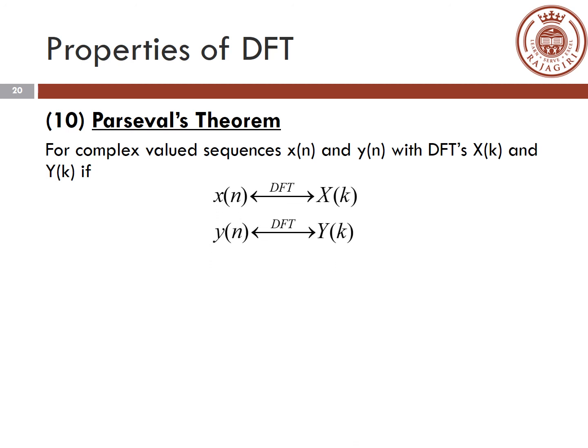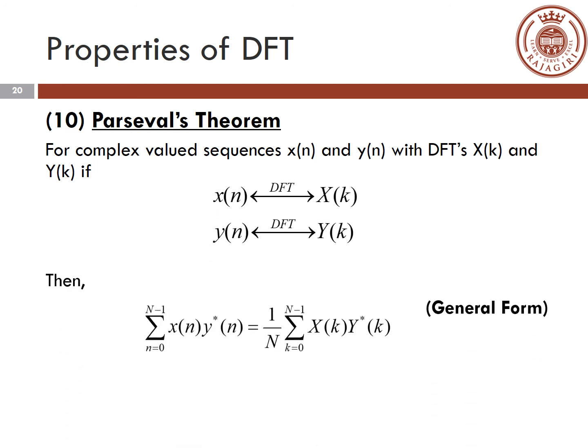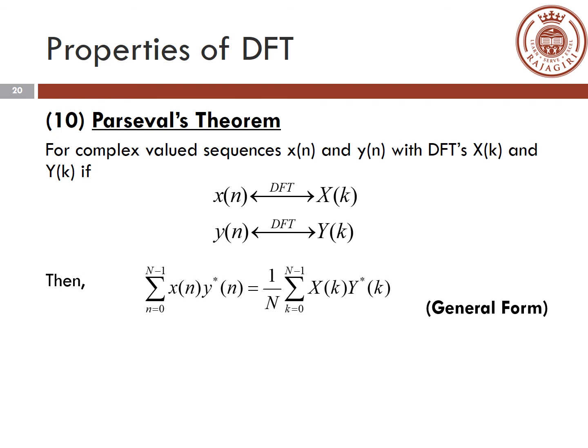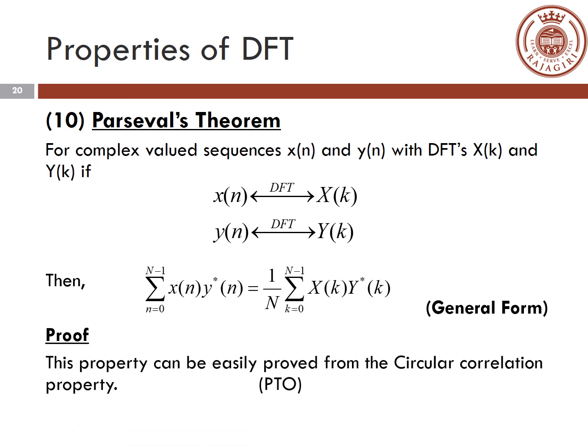Parseval's theorem states that sigma n equal to 0 to N minus 1 x of n into y conjugate of n is equal to 1 by N sigma k equal to 0 to N minus 1 X of k into Y conjugate of k. This is the general form of Parseval's theorem.